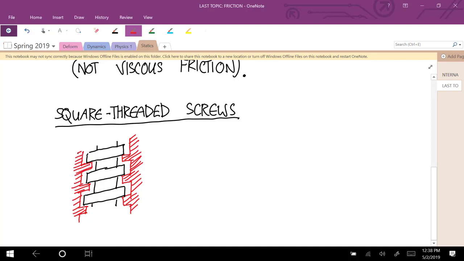Okay, so that's a square threaded screw. It's not this.